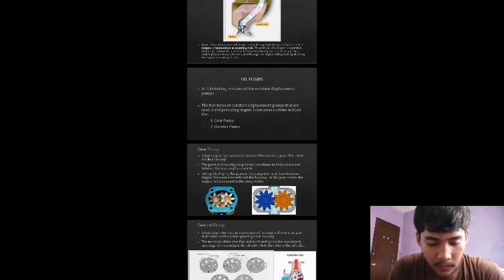Some simple relief valve spring tension is adjusted by either changing the spring or inserting one or more washers behind the spring.